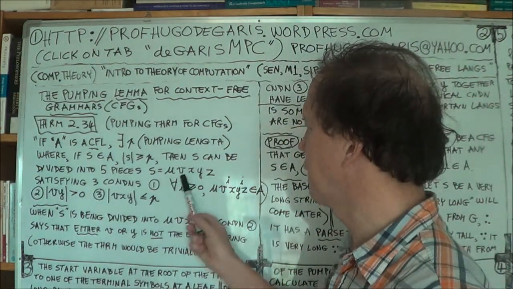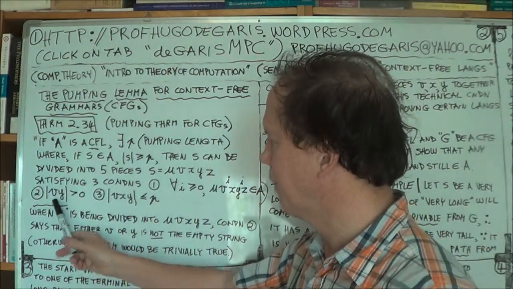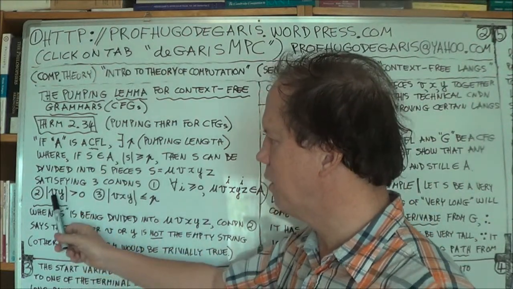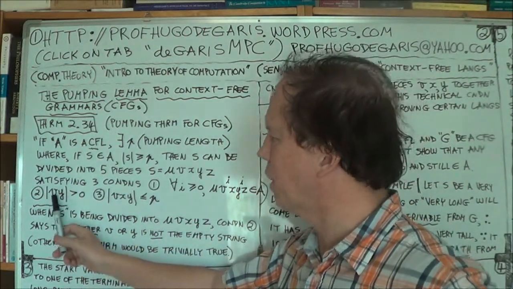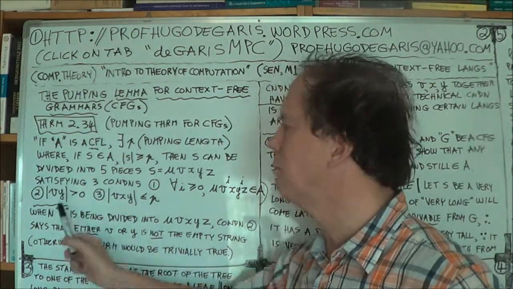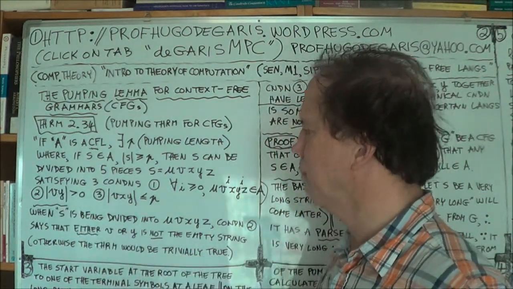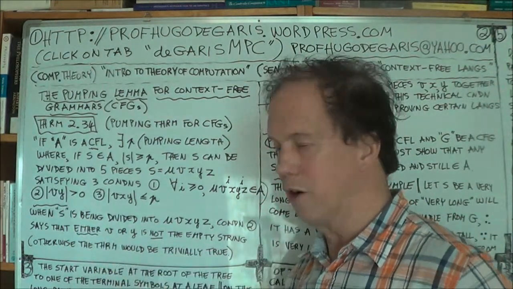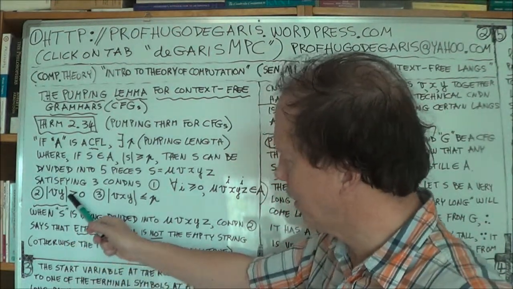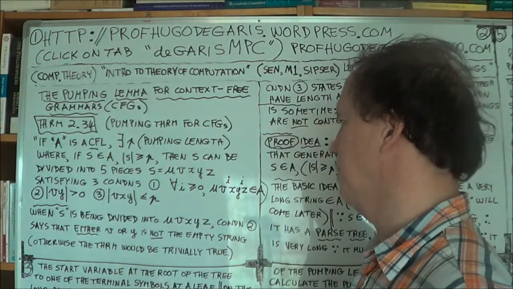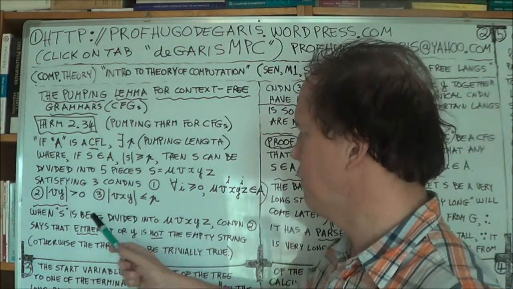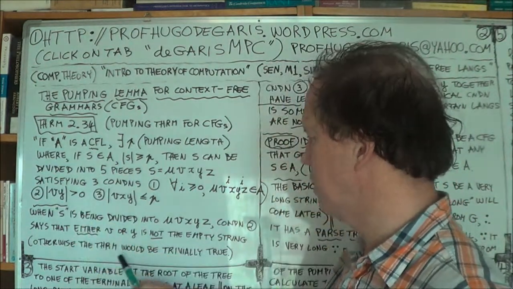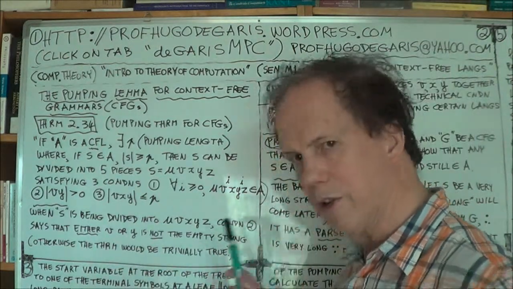So if you concatenate VY, the length of VY will be obviously the length of V plus the length of Y, right? And you can't have both of them being the empty string, because then the length of VY would be 0, and that's not allowed because this has to be greater than 0. Okay, and if this were 0, then the theorem becomes trivially true.